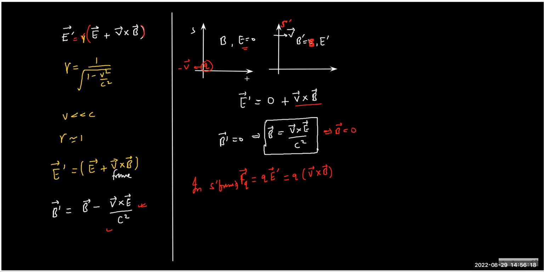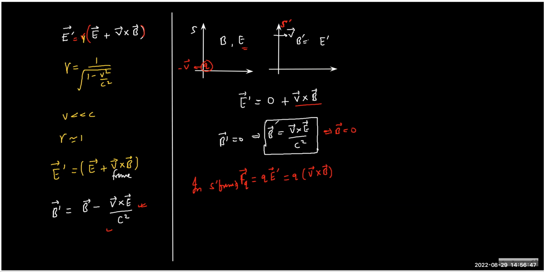Okay, so what I can say is, let's make E also present. Now this is possible, I think. In the first frame, let's say we have both B and E, right? Yes, sir. Yeah, now we can say, if we have both, then for some velocity, the B dash may be 0, right? Yes, sir.